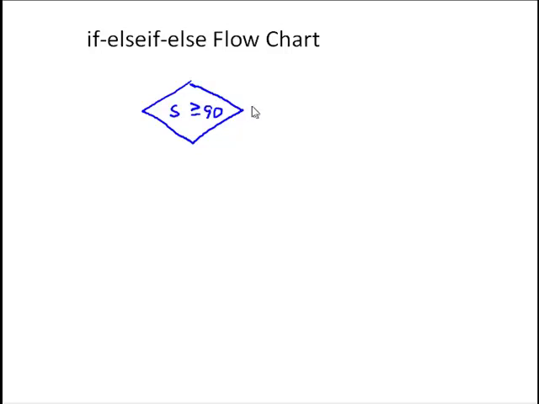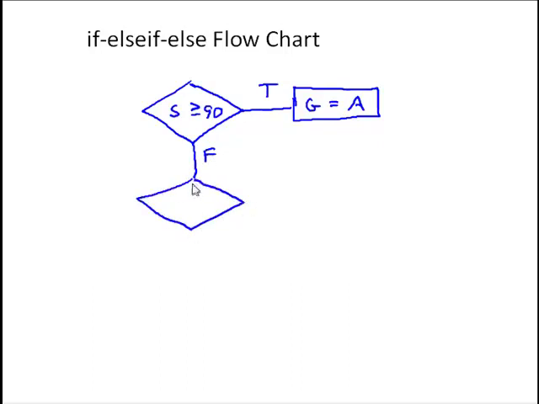If that's true, then the grade is equal to an A. If it's false, I'm going to go here and say, is the score greater than or equal to 80? If it's true, our grade is equal to a B. If it's false, we go this way.